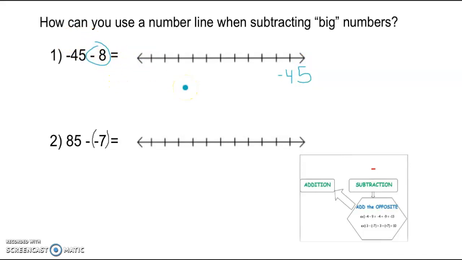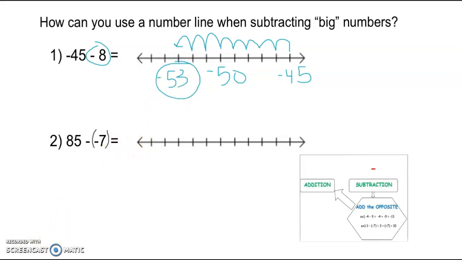That means we're going to move left 8 units. So now if I move 8 units to the left, I'm going to have 1, 2, 3, 4, 5. This is negative 50. 6, 7, 8. So my answer is negative 53.